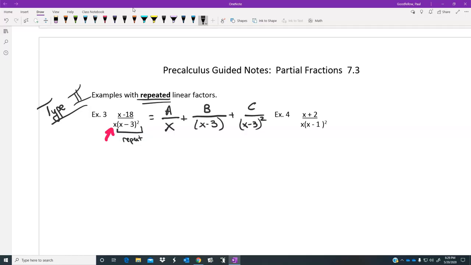Now, if it turned out that you had one that was like an x cubed on the bottom, like say x minus 3 to the third power, you would have an A over x minus 3, a B over x minus 3 squared, and a C over x minus 3 quantity cubed.